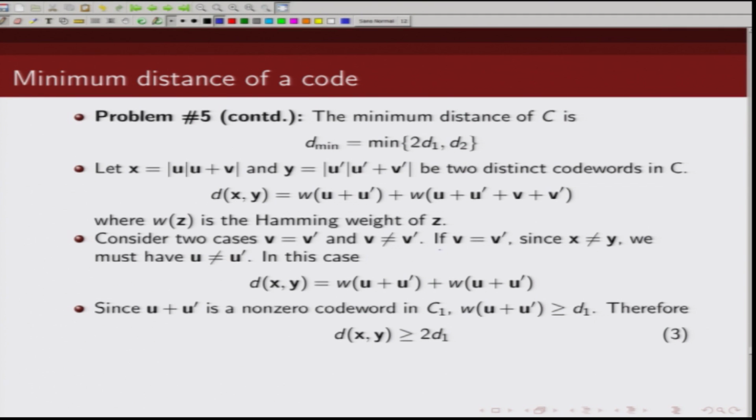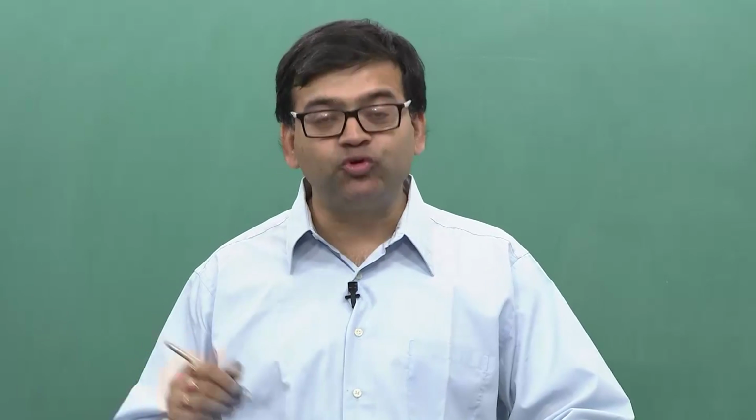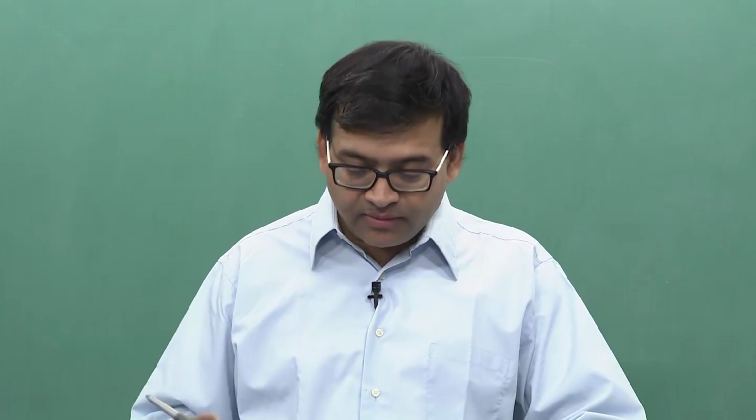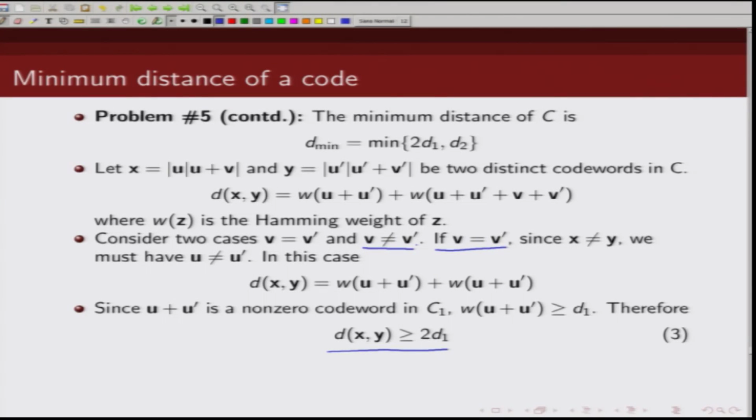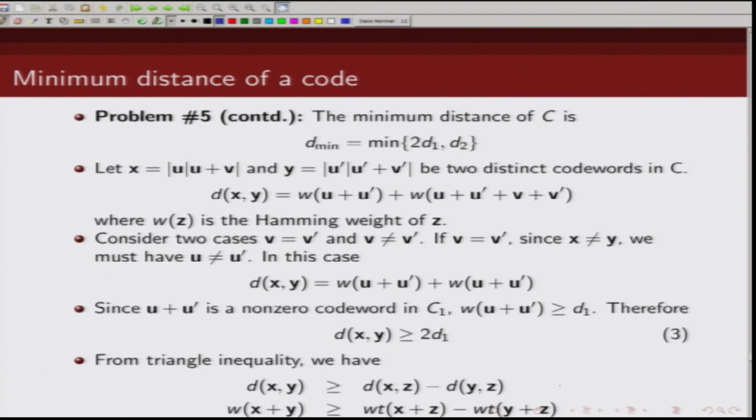So, for the case when V is equal to V prime, we have shown that the minimum distance should be at least 2 times D1. Now, let us consider the case when V is not equal to V prime. Before that, we will state again the triangular inequality that we are going to use.